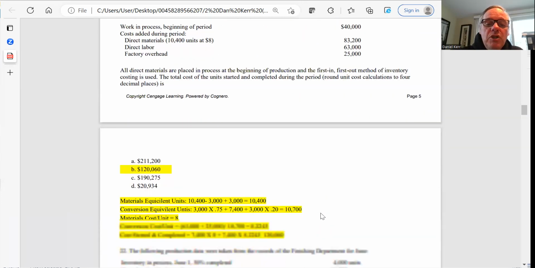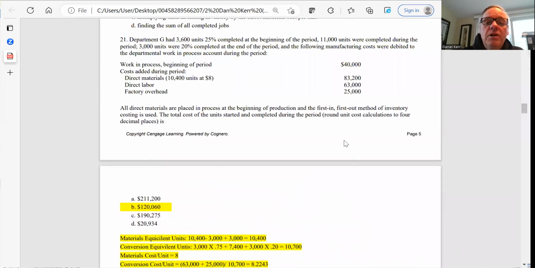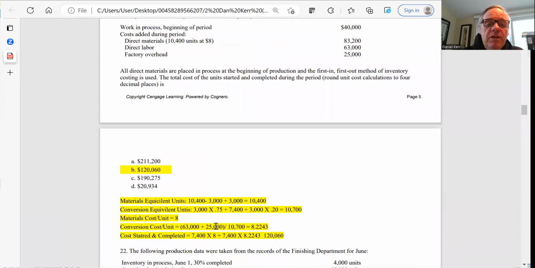Okay. So you get 10,400 material equivalent units, and conversion units are 10,700. So the materials are given at $8 a unit. So now you have to get conversion cost per unit. So when you look at conversion cost, it's the 63 plus the 25, divided by the 10,700, and that gives you the 8.2243.